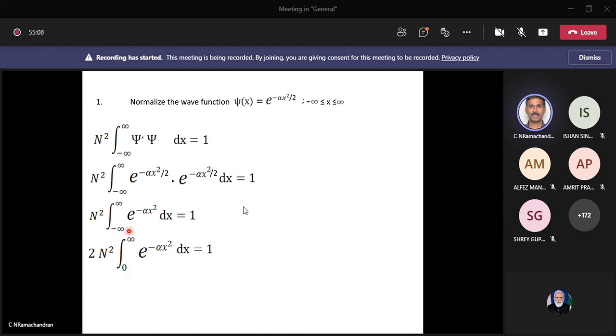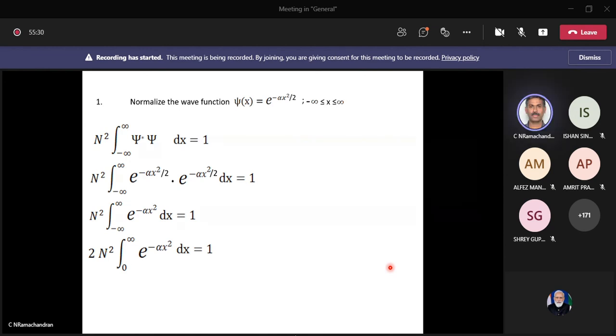As it is a symmetric function, I can write it as 0 to infinity. Why am I writing this? There is a purpose for that. Anybody knows? Can comment? Why am I doing that instead of minus infinity to plus infinity? Yes, it is an even function. That is why I am using it.